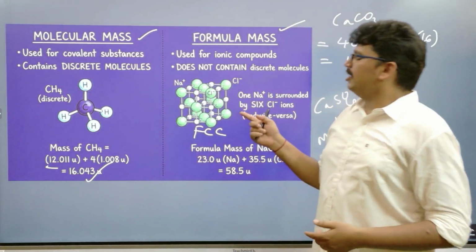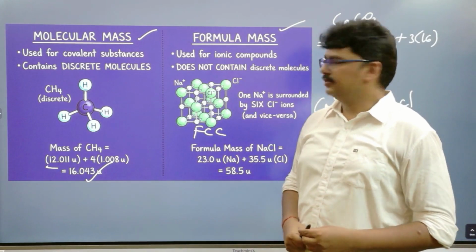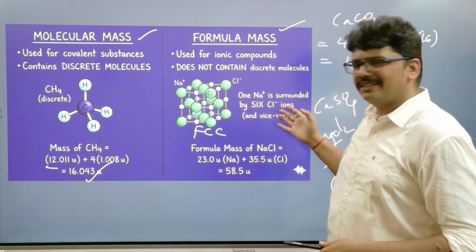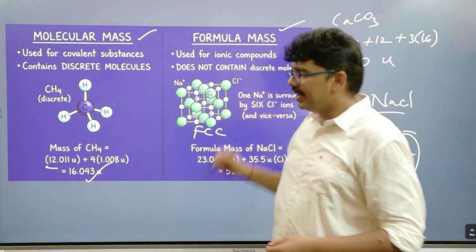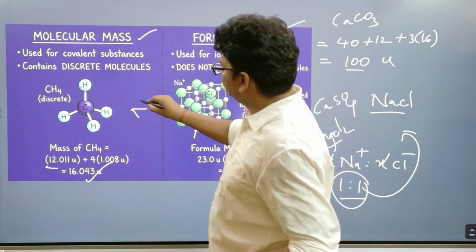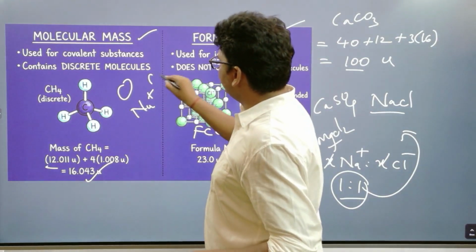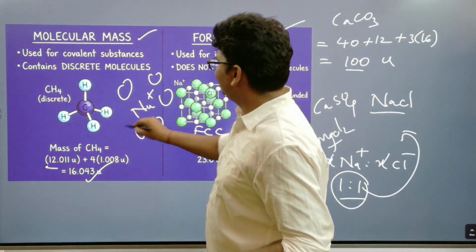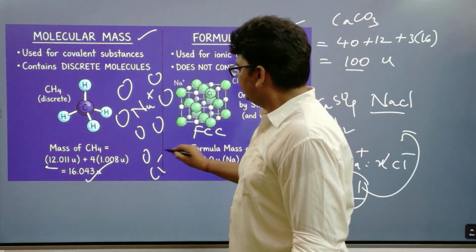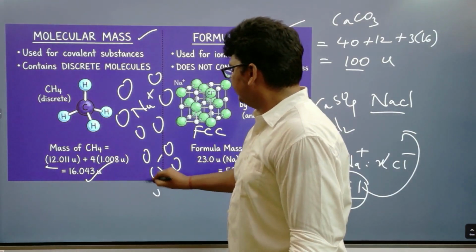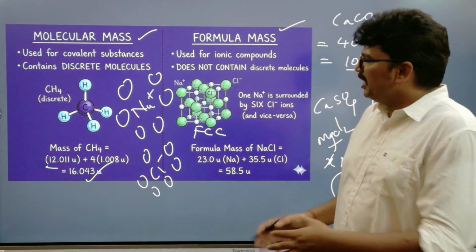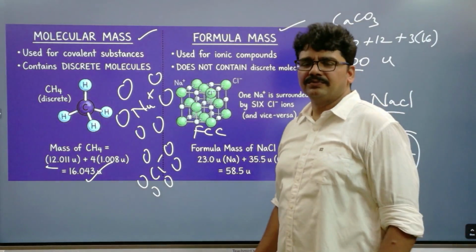But in ionic compounds, we don't have discrete molecules. We don't have NaCl. We have Na plus and Cl minus ions, and each Na plus ion is surrounded by 6 Cl minus ions, and each Cl minus is surrounded by 6 Na plus ions. There is no individual NaCl unit.